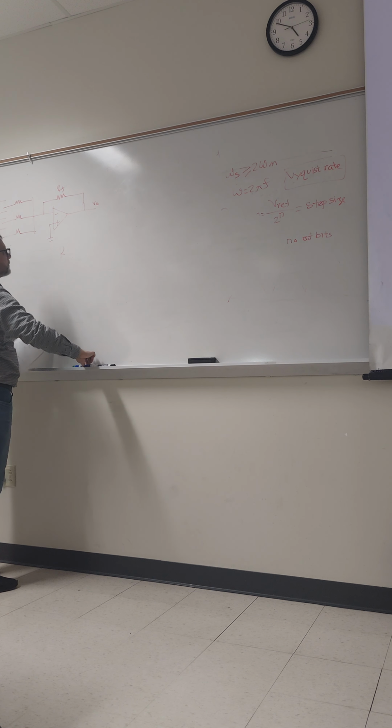So what is I? I equals V over R, right? So we can write V reference by R times V2 by 2 to the power 0, V1 by 2 to the power 1, V0 by 2 to the power 2.